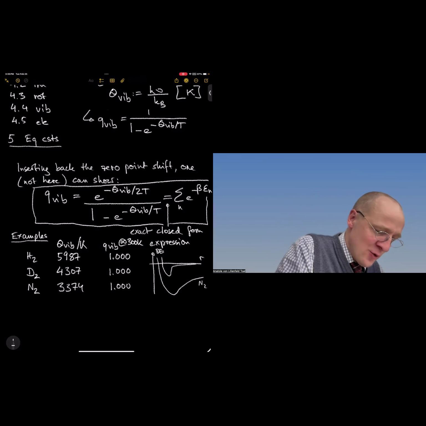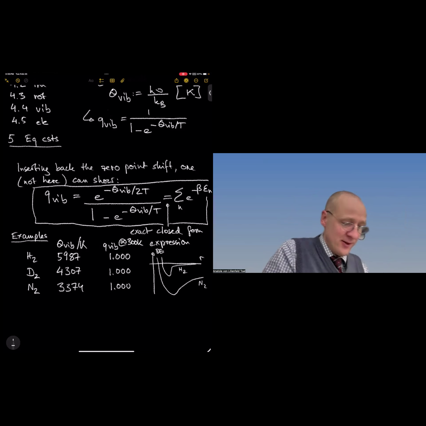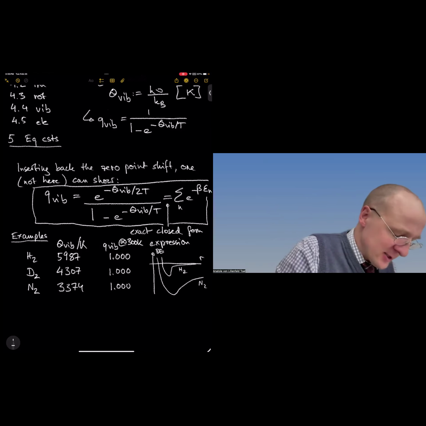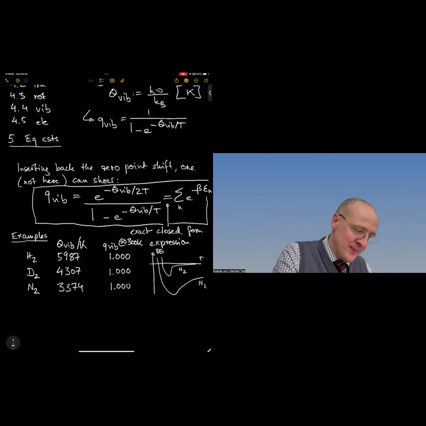So if this is N2, this is H2, okay? It's a weaker bond, but it's a stiffer bond. And so the frequency is related to the force constant, and just so that you develop this intuition, this force constant is the second order derivative of your potential, right?